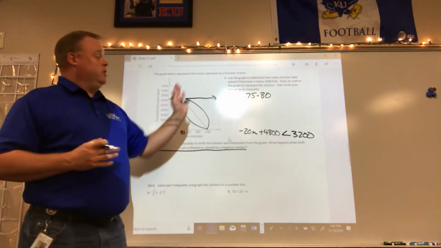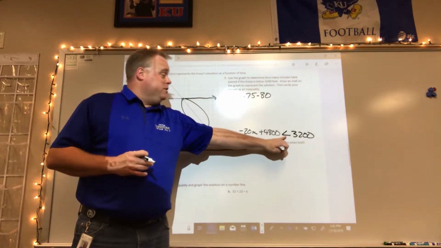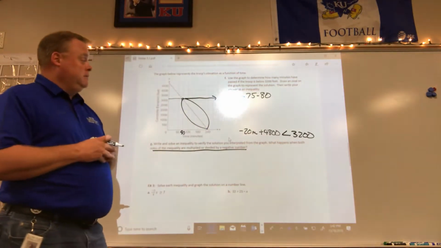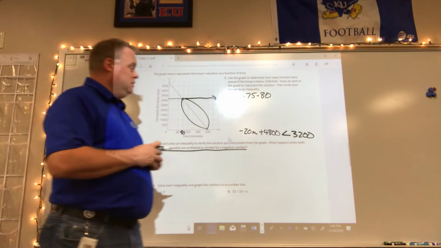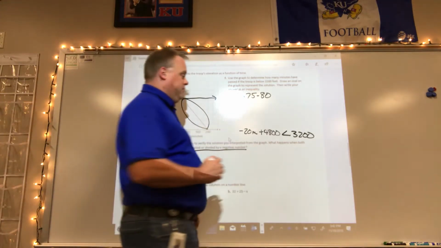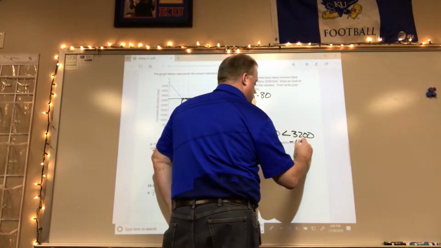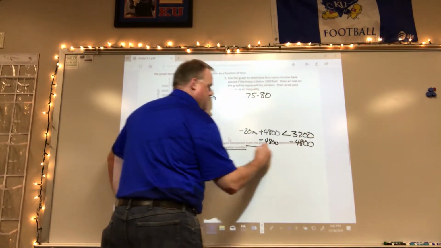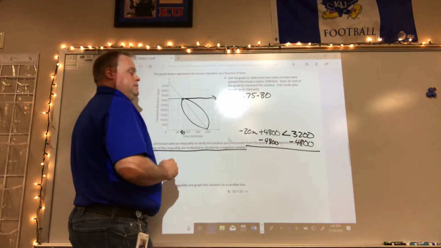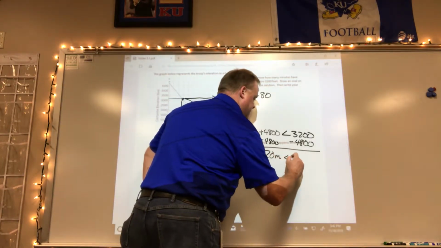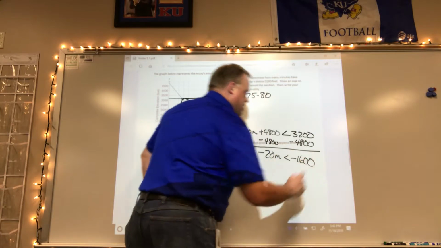I know my minutes are going to be greater than, but I'm going to be less than or below 3,200 feet. So let's solve. Easiest thing, take the 4,800. So I should get negative 20m is less than negative 1,600.